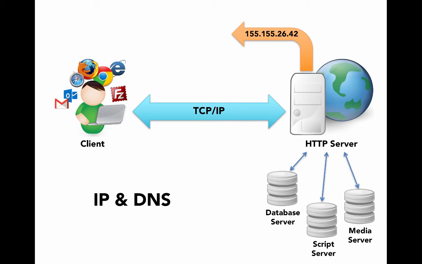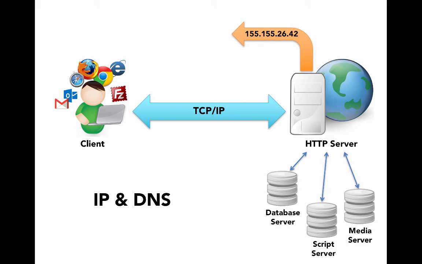This consists of 4 sets of numbers divided by a period, as you see in this graphic. Because of the depletion of numbers in the 32-bit number, which is what IPv4 uses, IPv6, so Internet Protocol version 6, was introduced, which is now 128 bits and uses a longer IP address consisting of the numbers.